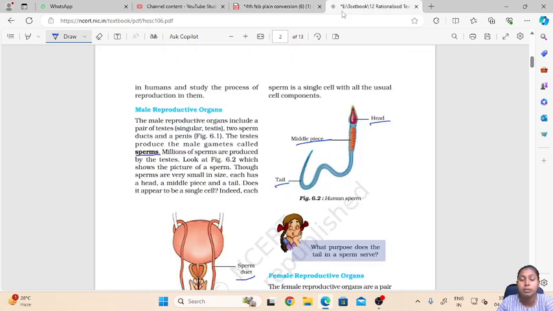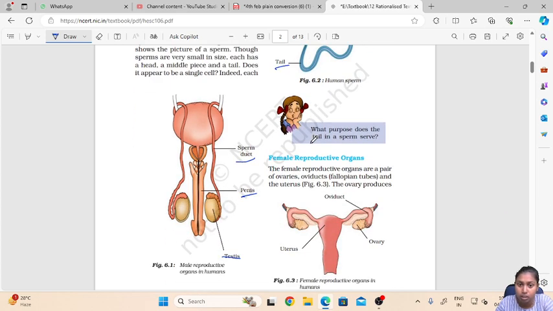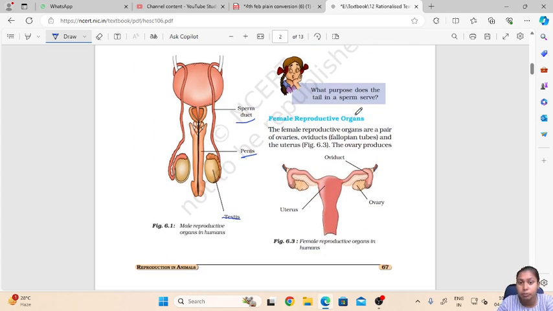Let's see what the female reproductive part of humans is. The female reproductive organ has a pair of ovaries. These are the ovaries. Then an oviduct, this tube you can see, also known as the fallopian tube, and a uterus.